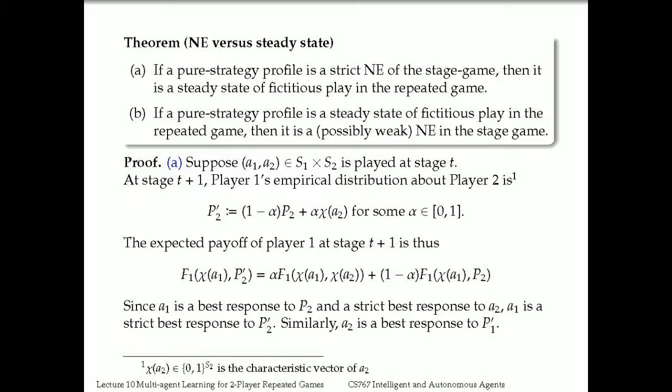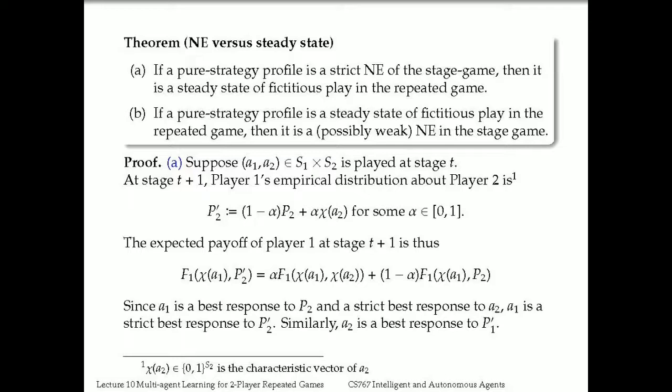But now, because A1 has been played at stage T, this means that A1 must be a best response to the previous belief P2. So this value of F1 of A1 with P2 is the optimal value.